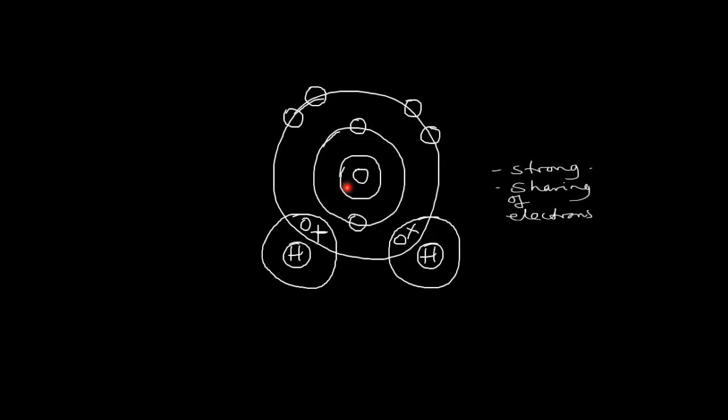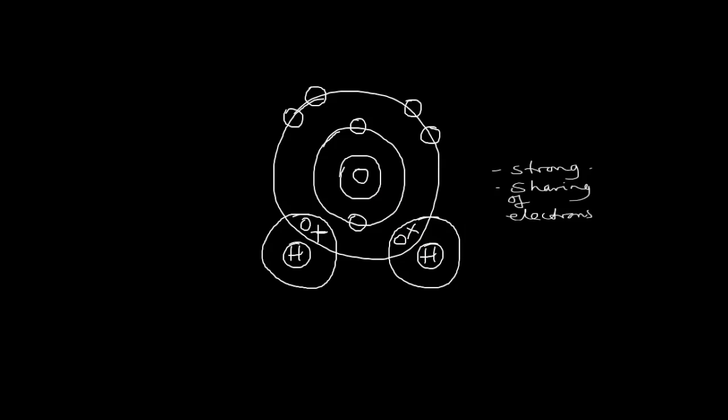Basically, it comes down to the positive nuclei of the hydrogen and oxygen both being attracted to the shared pair of electrons. So here, the oxygen and hydrogen are both being attracted to the central electrons between them, and that is what's making them attracted to each other.